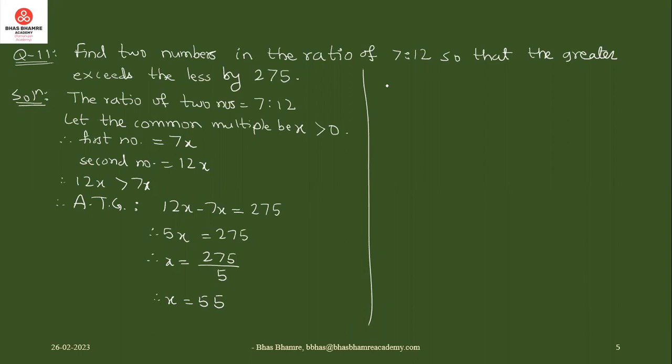So we say therefore the first number is 7x, that is 7 into 55, which comes to 385. The second number is 12x, that is 12 into 55, which comes to 660.